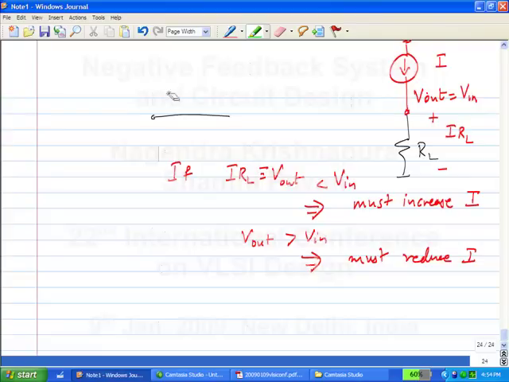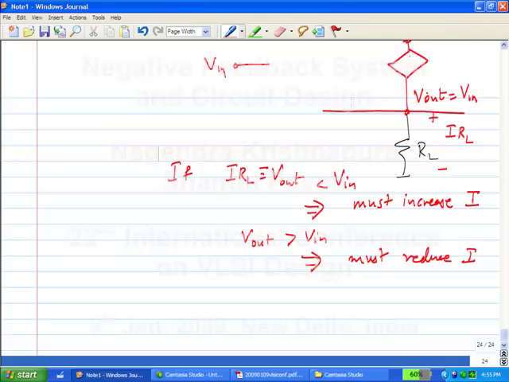In other words, this is V in, this is V out, okay, and this is a controlled source, so the output is current, the input it responds to is voltage.